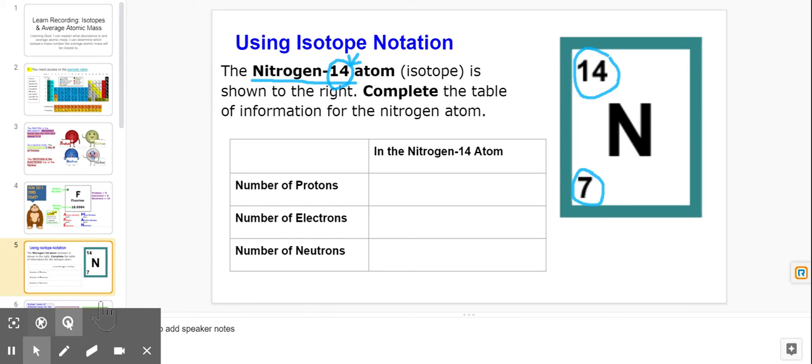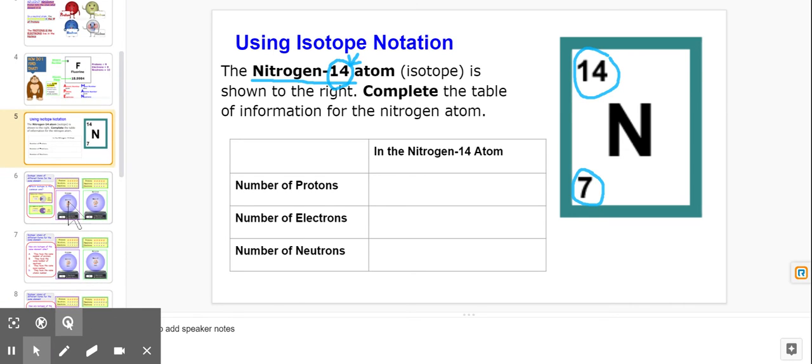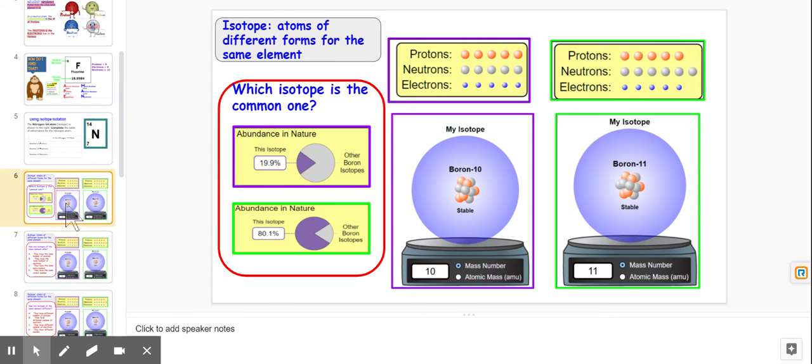I'm going to move forward just so we can get to isotopes and average atomic mass, because that's the focus of our video. Okay, so here, let's think about isotopes and focus on isotopes. What are they? What's going on in an isotope? What is abundance? So let's take a moment to look at what we have on our screen.